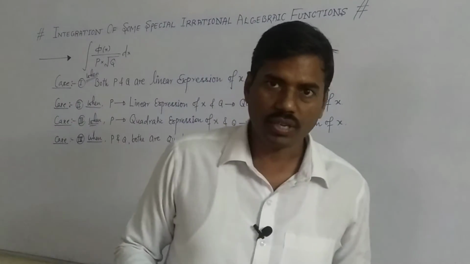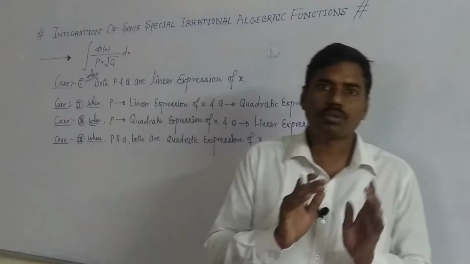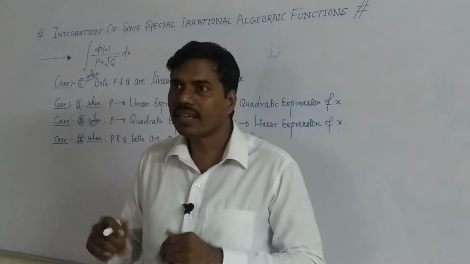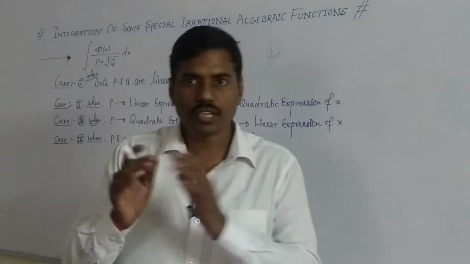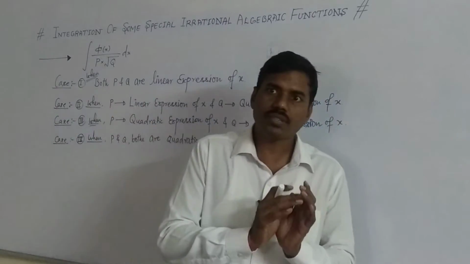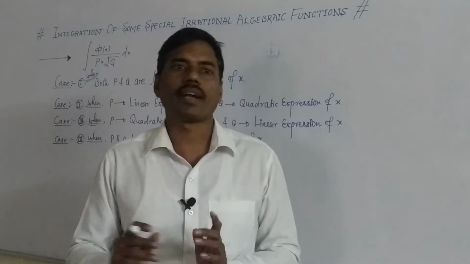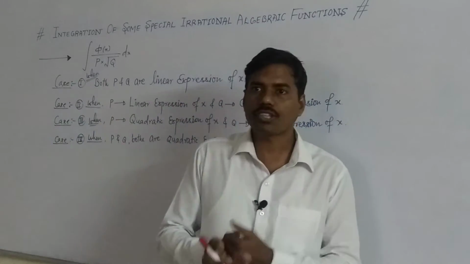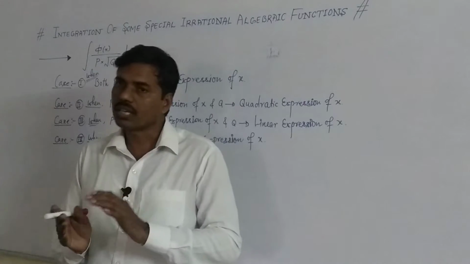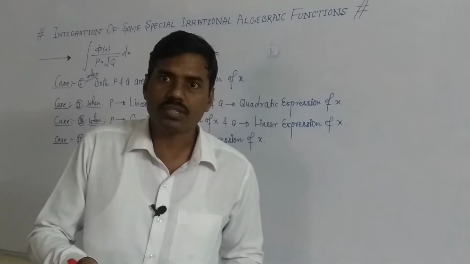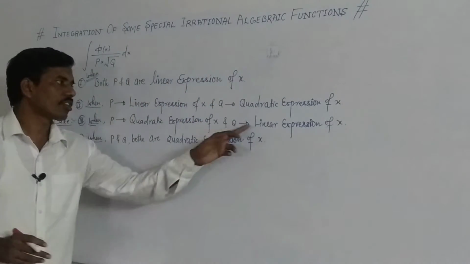Clear? Okay, in case first, both p and q are linear expressions of x. In case 2, p is a linear expression and q is a quadratic expression. In case 3, p is a quadratic expression and q is a linear expression.